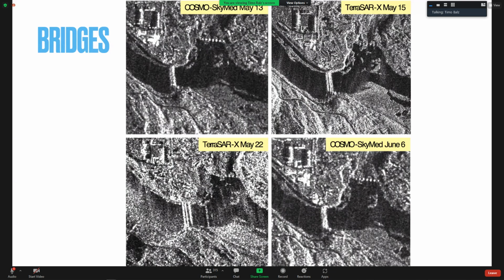So let's take here the extreme image. That's May 22. That's when the water level was the lowest because it's downstream of the dam, so the water has stopped basically, and the water level of that river gets lower and lower. And with a very low water level, you have a very large distance between the bridge and the water.